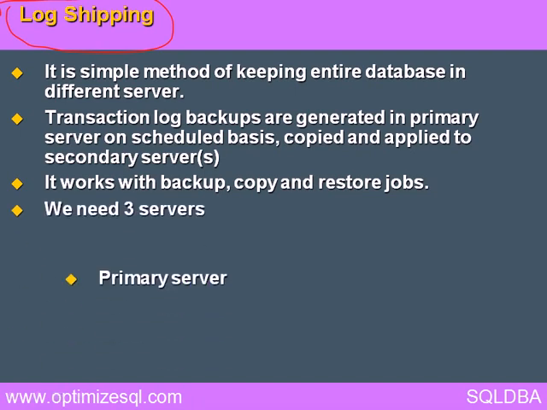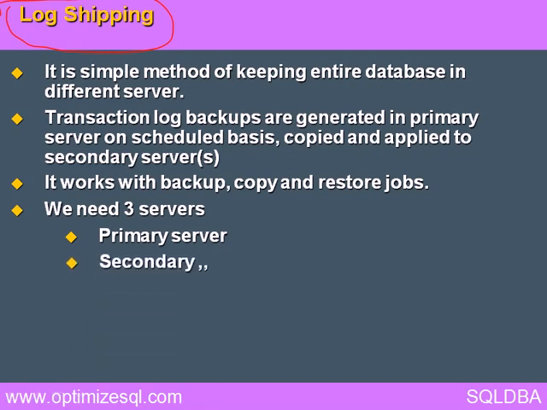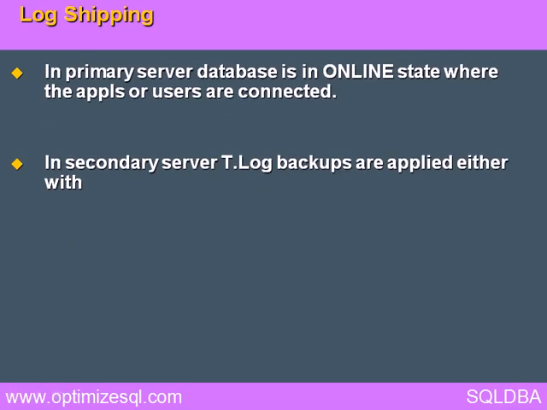Generally, we need 3 servers, he is saying: the primary server, which is our production server, the secondary server, which is our standby server, and the monitor server, which is an optional server. In the primary server, the database is in online state where the users are working.